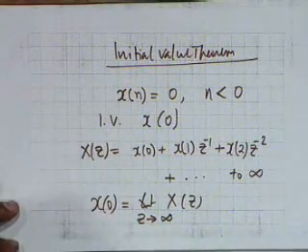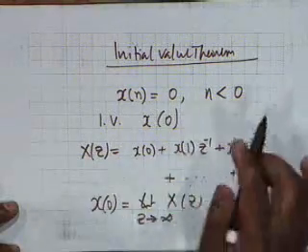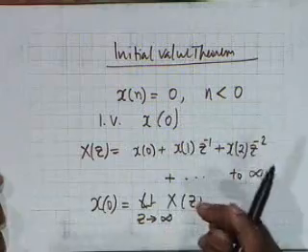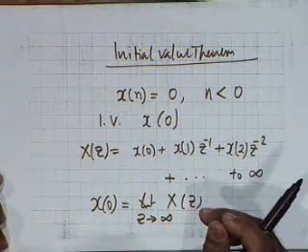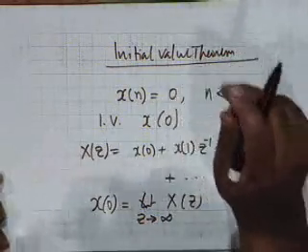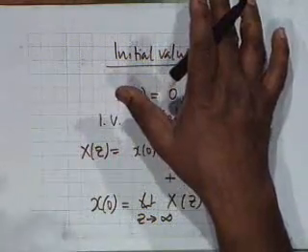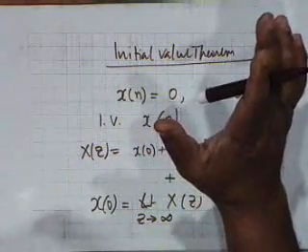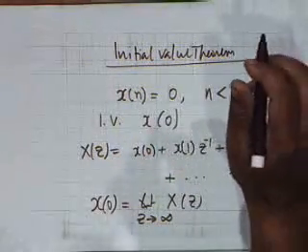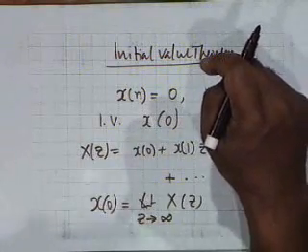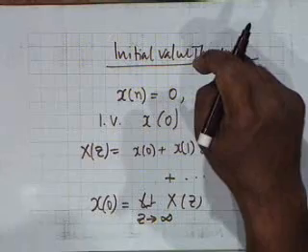All right. This is the initial value theorem, provided of course it is a one-sided sequence, or specifically it is a right-sided sequence. Suppose it was not a right-sided sequence, suppose it was left-sided, then the initial value theorem would have been different. Then the initial value theorem would have been x of 0 equal to limit X of z, z tends to 0.